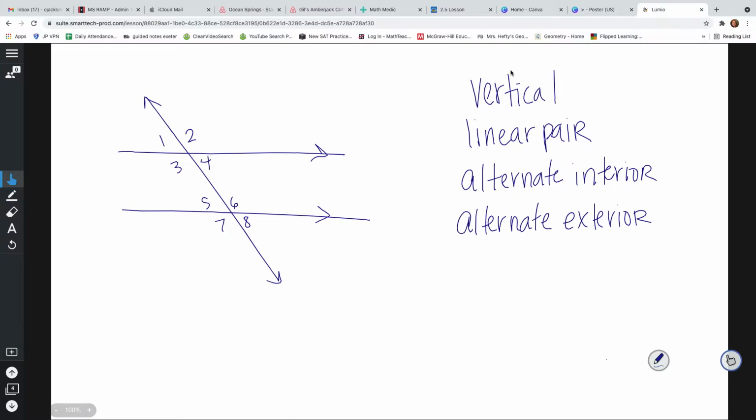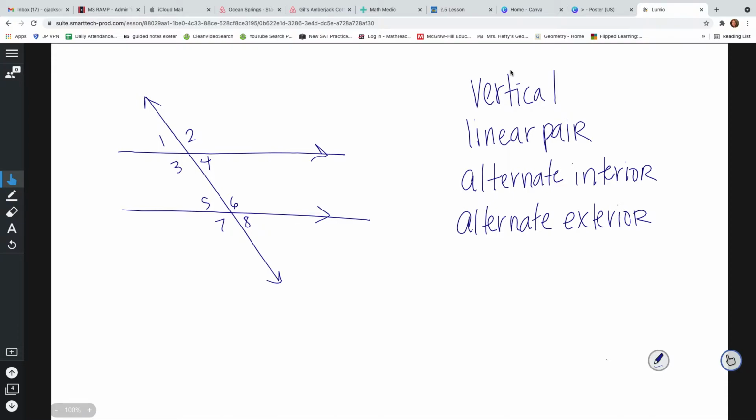So alternate exterior angles are going to be outside the two lines, but they're going to be on opposite sides of the transversal. And if those lines are parallel, alternate exterior angles are going to be congruent.